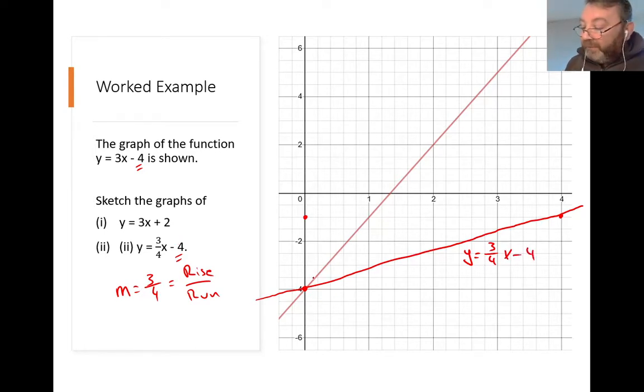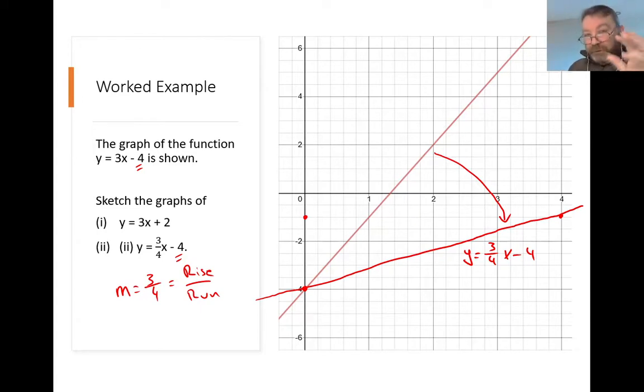Notice that it has the same starting point, minus 4 on the y-axis, but the slope is different. Now here's what I want you to recognize. If the value of the slope is less than the original, then the line will lie down a little bit. If the coefficient of the new line is higher than 3, then obviously we would get this line standing up, getting closer towards the y-axis.